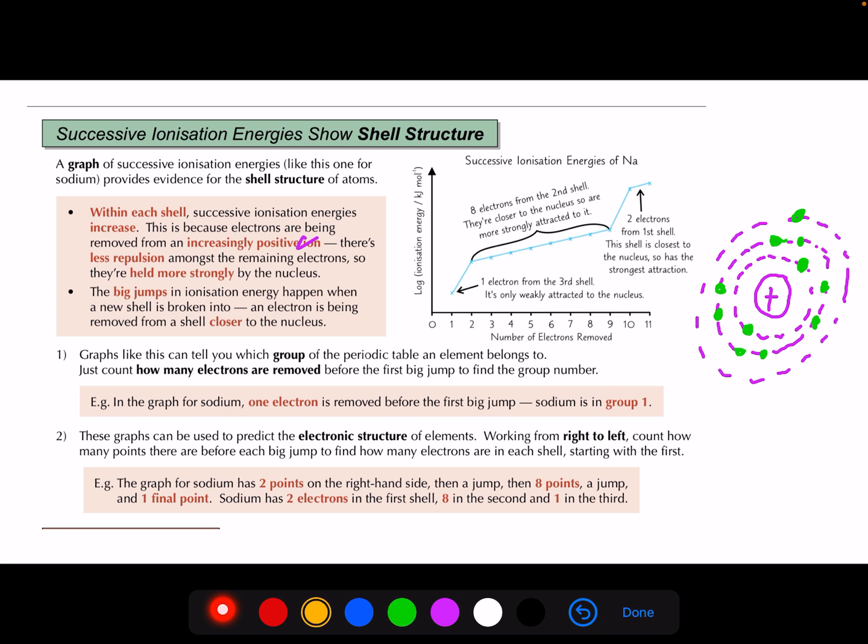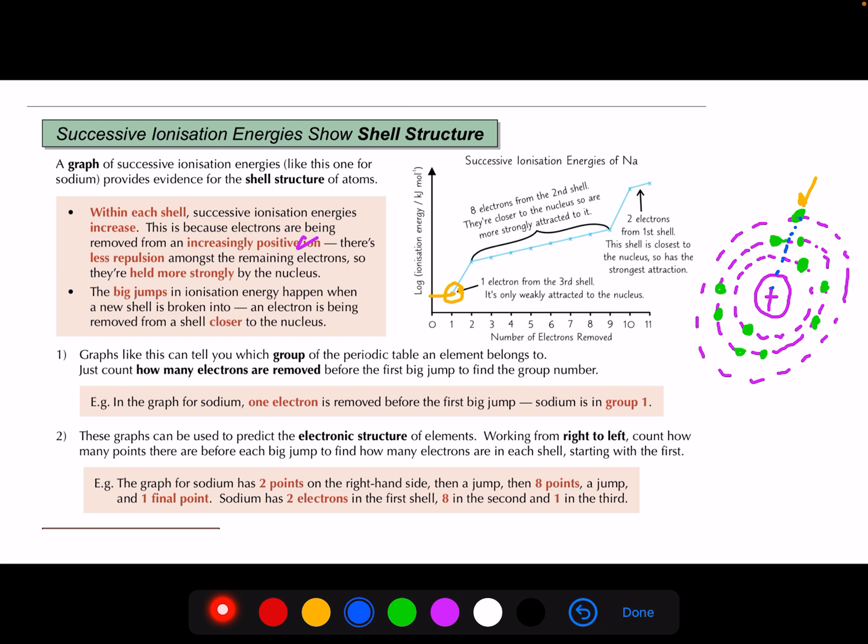When I'm removing the first electron, first ionization energy, I'm removing the outermost electron out of the third shell. You notice that this has the least ionization energy. Why? As we discussed before, because this electron is the furthest from the nucleus, so it's easier to remove.